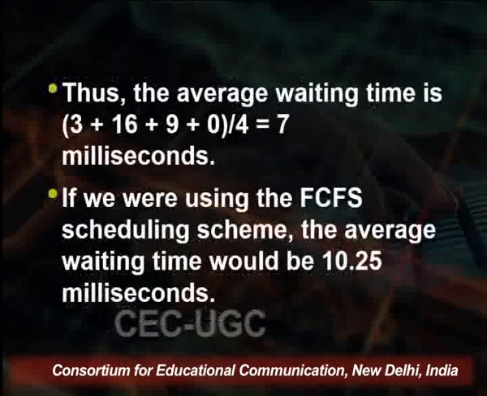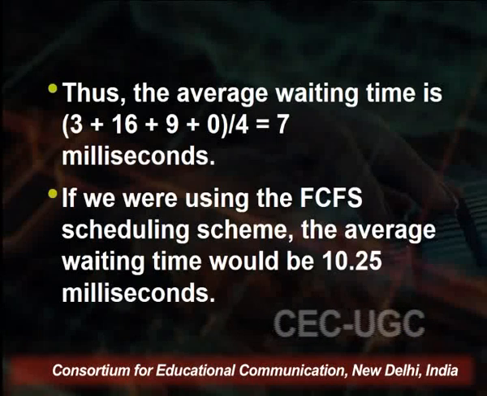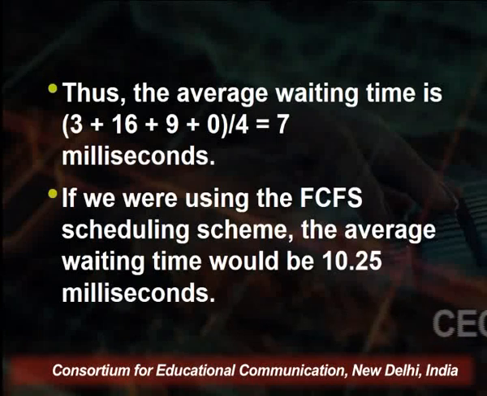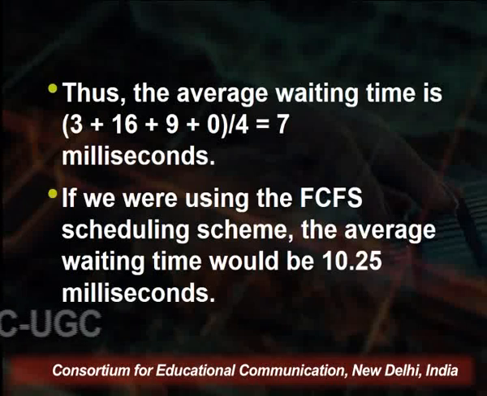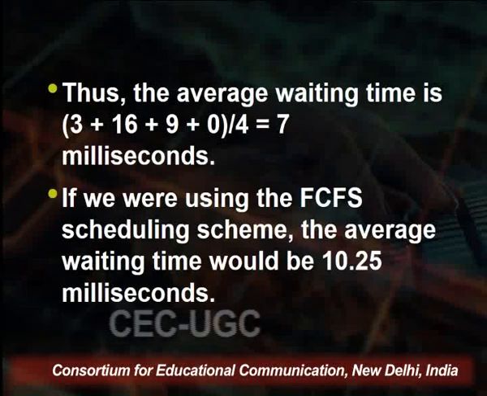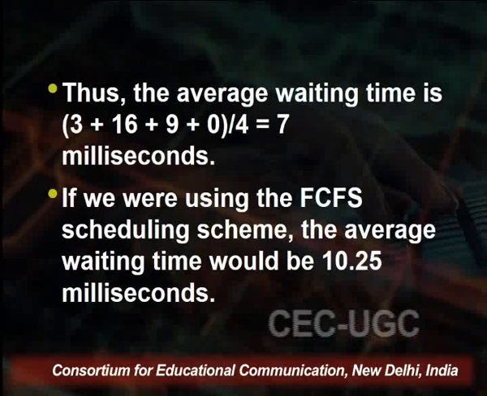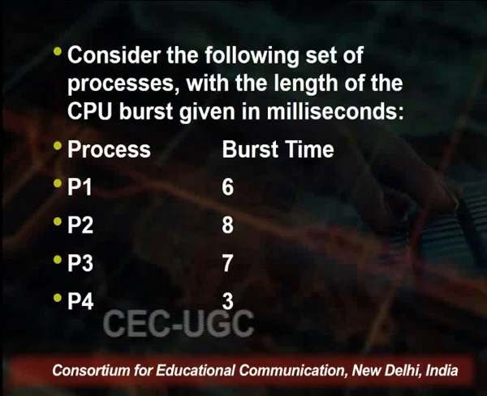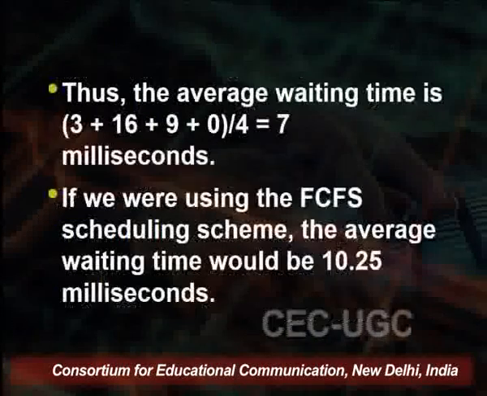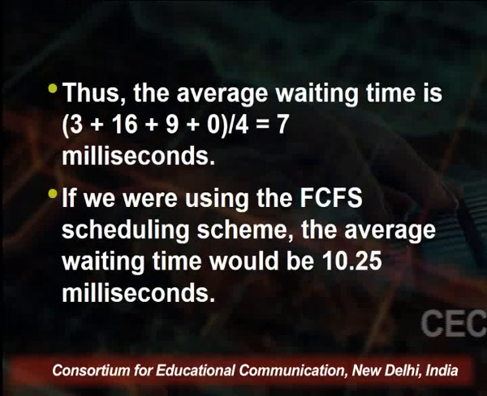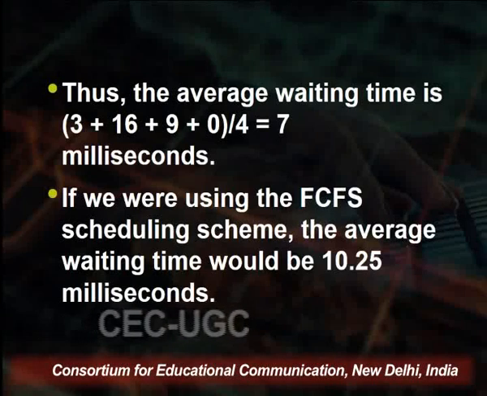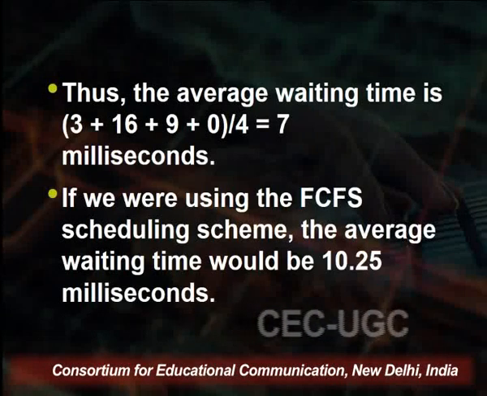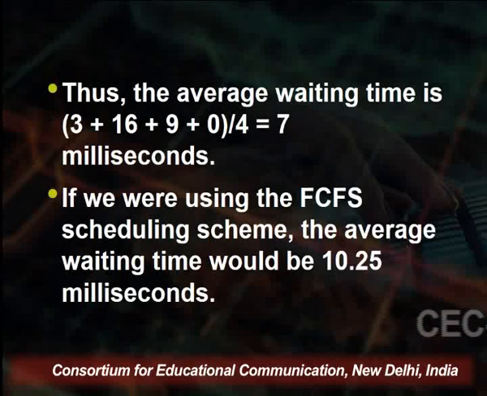So if we talk about the average waiting time, the average waiting time here is 7 milliseconds. For example, if we were using FCFS, which is first come first serve, for this similar instance, in place of shortest job first, the average waiting time would be 10.25 milliseconds, while the average waiting time in case of shortest job first is just 7 milliseconds.